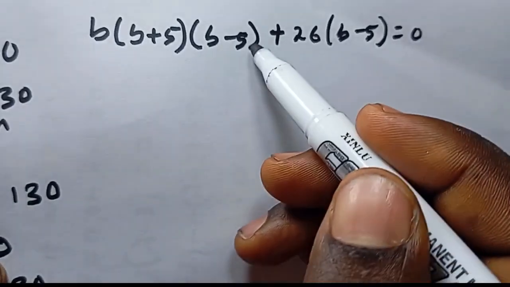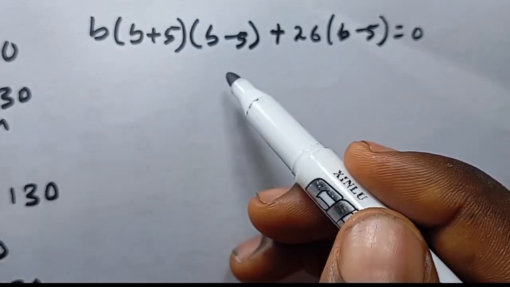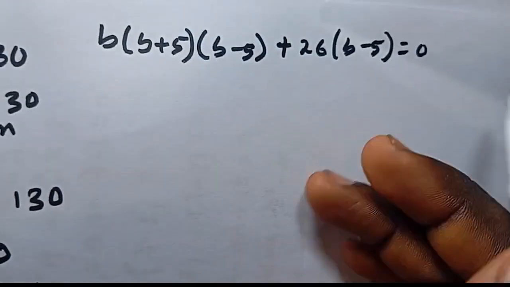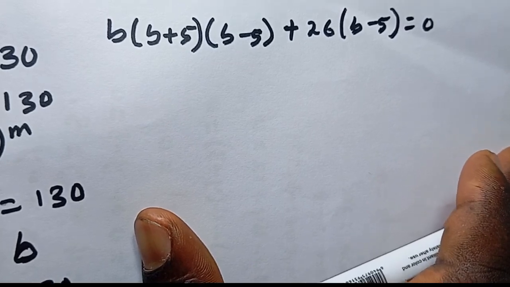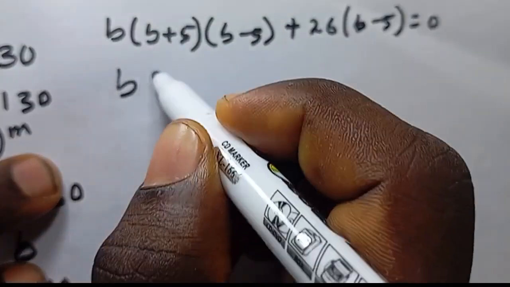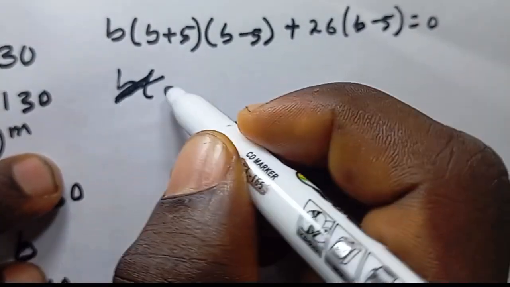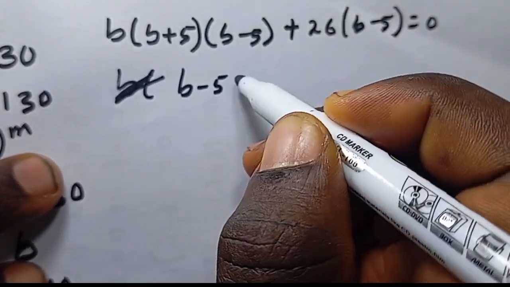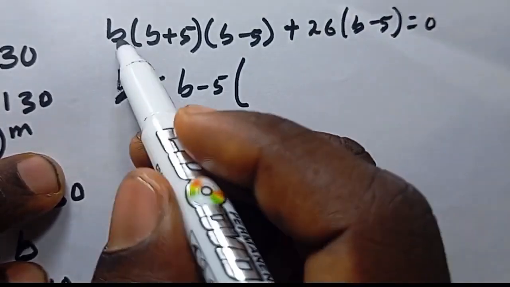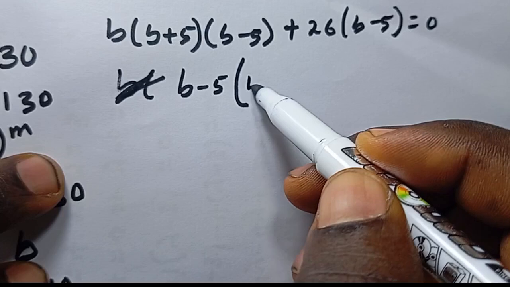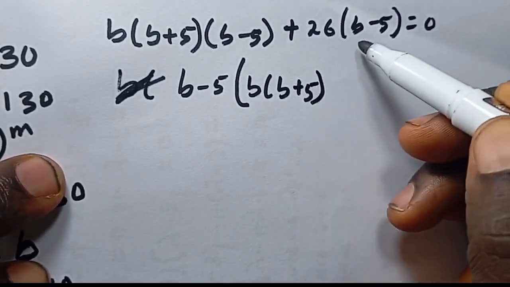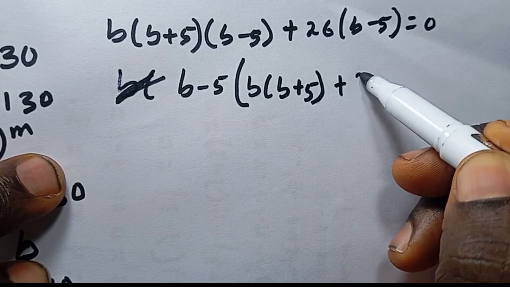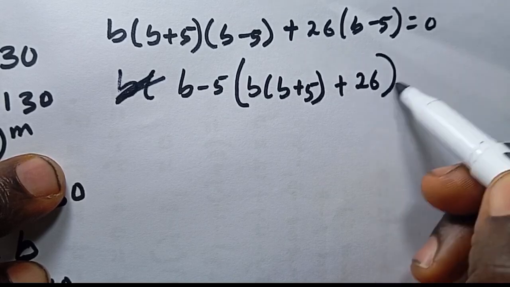Obviously you can see that b minus 5 is common here. So what I'm going to do is just factor that out. And if I do that, I'm going to be having (b - 5) times, so if I factor b minus 5 out here, b(b + 5) will remain, and then on this side, I'm going to be having 26 remaining.